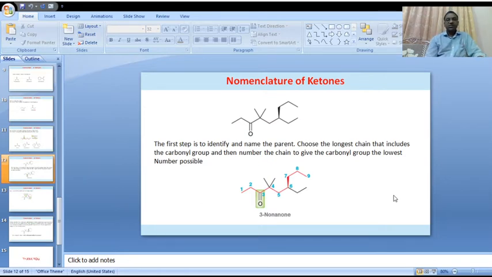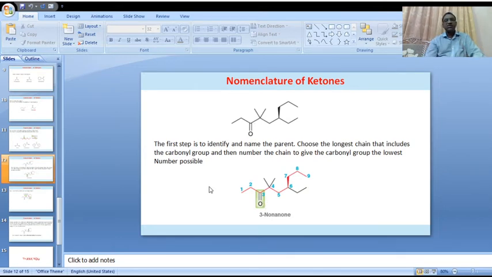Now let us go to a very interesting example. Please concentrate. This is the first step, identification of the parent chain. We give numbering 1, 2, 3, 4, 5, 6, 7, 8, 9. We identify the parent chain, the longest chain in this given organic compound.